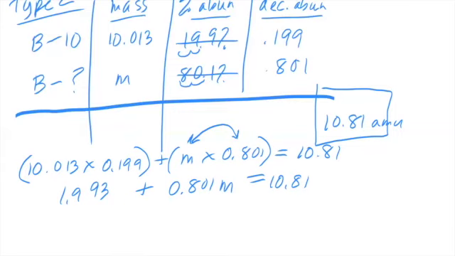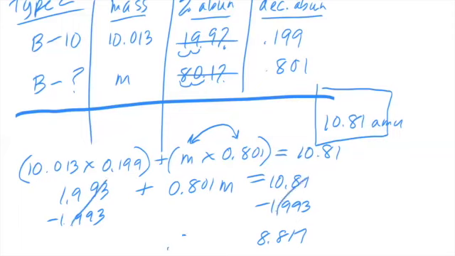Okay, so now when you solve an expression like this, you combine like terms. So I'm going to subtract the 1.993 over to the other side so that I combine the two number terms together. 10.81 minus 1.993 is equal to 8.817. So that's taken care of.